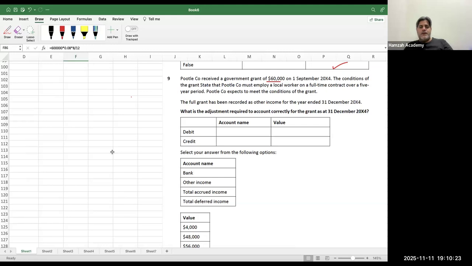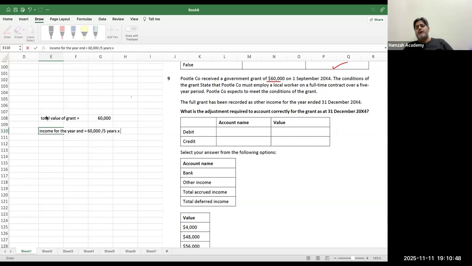We got it on 1st September. So total value of grant is 60,000, right? You were supposed to record the income for the year end. That would have been 60,000 by 5 years, multiplied by, you got it on September, the year end is December.